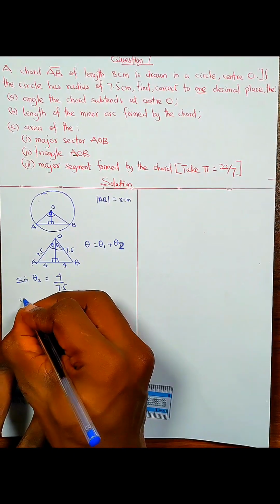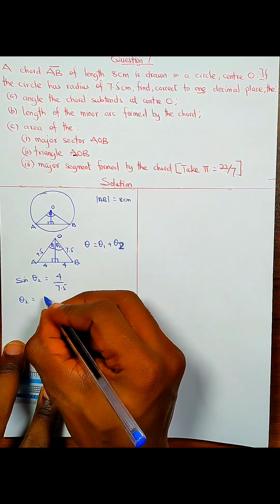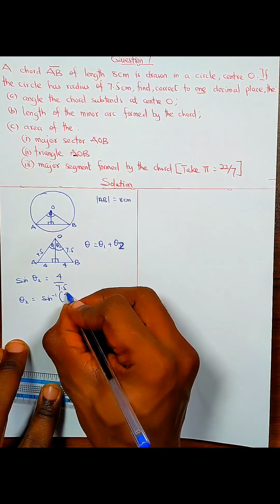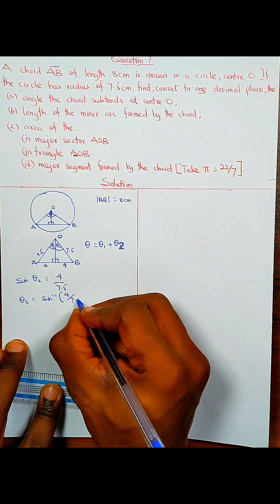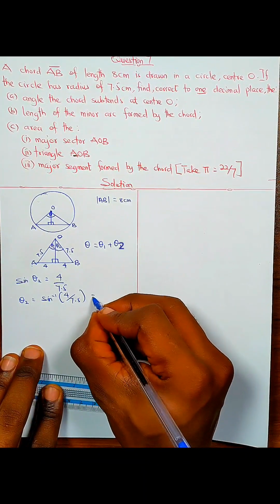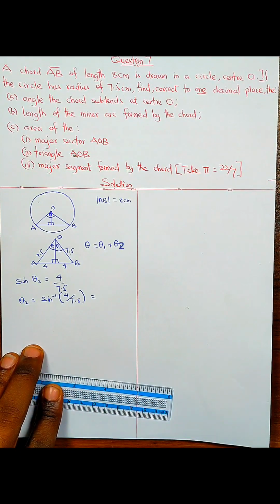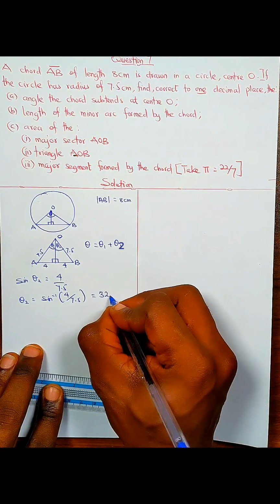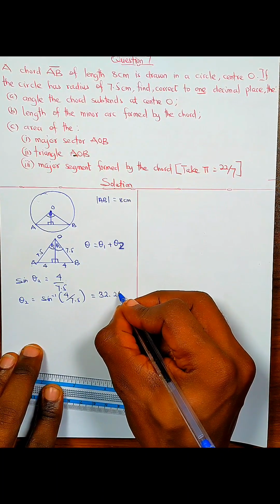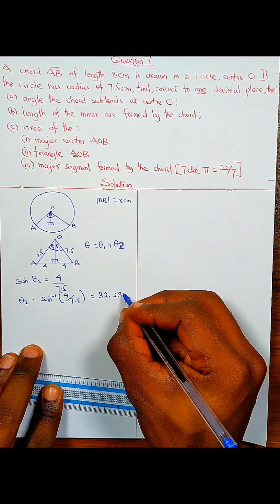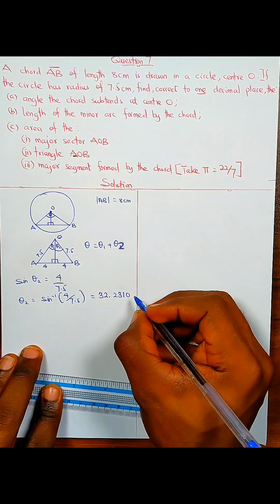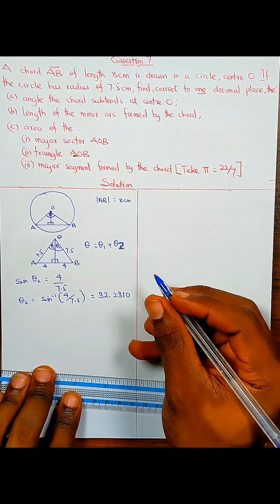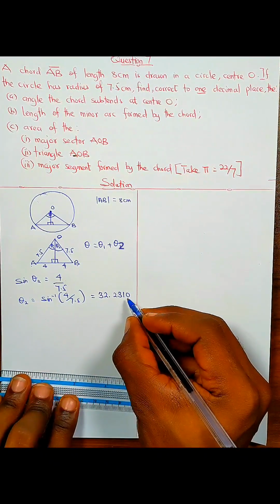So theta 2 is equal to the sine inverse of 4 over 7.5. I'll simply use a calculator to do it straight away, and that gives me 32.23 to 4 decimal places. So that is theta 2.